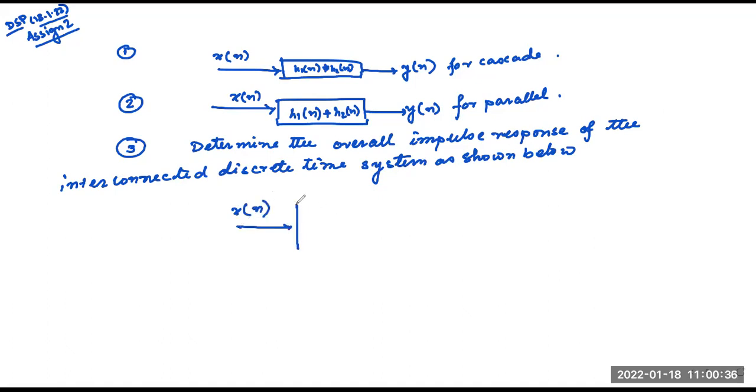We have 2, one is h1(n), one is h2(n). There is an adder.